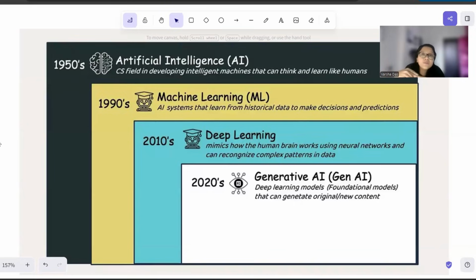A very simple example: when you were a kid, did anybody give you a cheat sheet on how to identify a cat or a dog? Your parents would have told you, hey, there's a cat, or maybe there's a dog. And then iteratively, no matter how many months and years went by, you have seen thousands of cats and dogs, and your human brain has picked up the signals, the traits, the patterns, that if these are the traits, then it's a dog, or it's a cat.